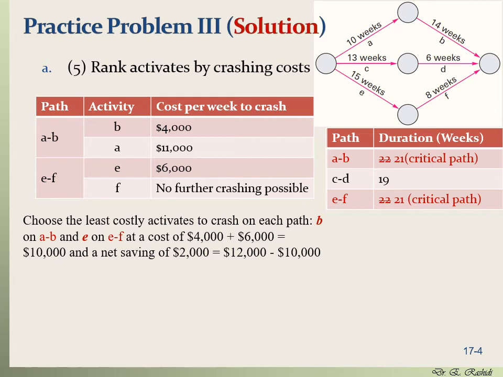Now, we crash both path AB and EF, and the length of the paths are 21 now. We need to check whether we can crash these activities for the project anymore.